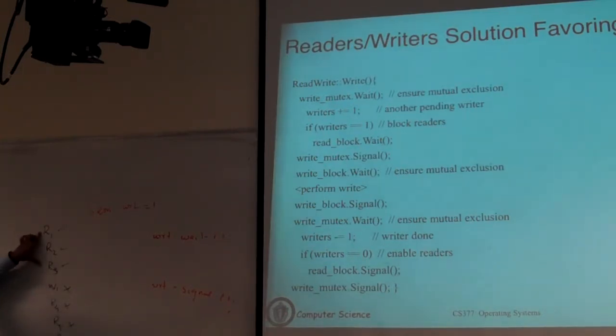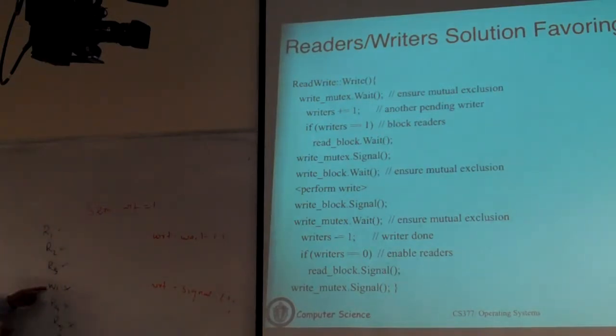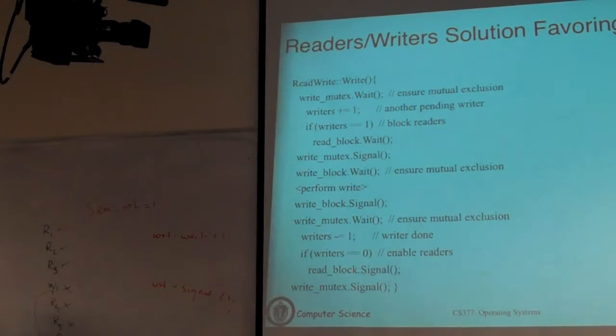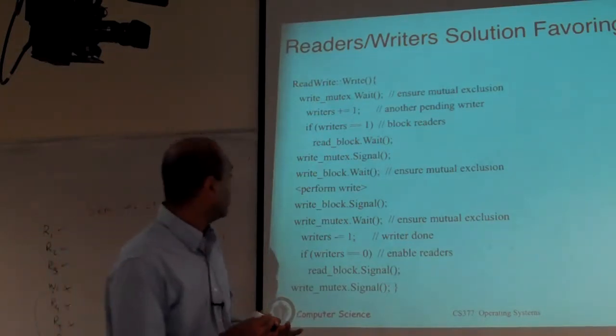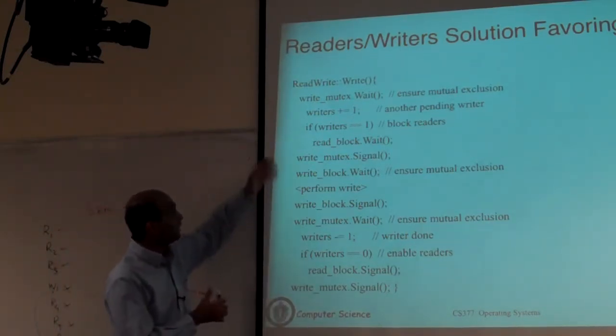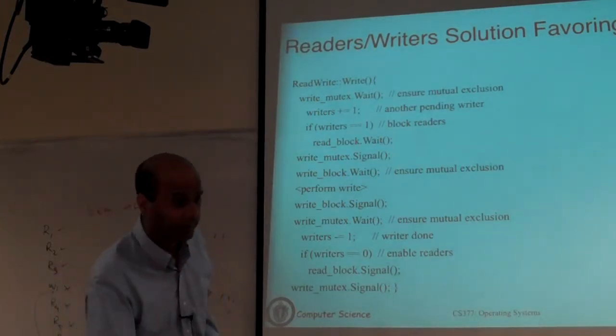Here, the first group gets to go in, and the writer comes and blocks the next group. In fact, if another writer comes along, this writer will actually get to jump over the blocked readers. It will let a stream of writers go in, and when all the writers are done, then all the readers will be unblocked. That's basically what the solution does. I'll just give the intuition, not go through every corner case to explain the solution.